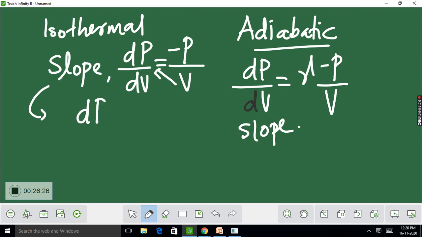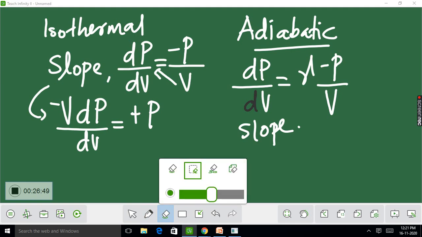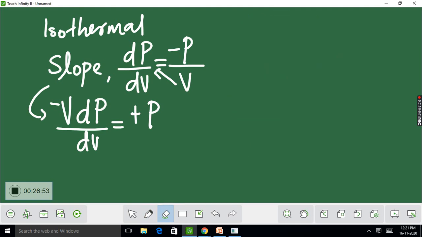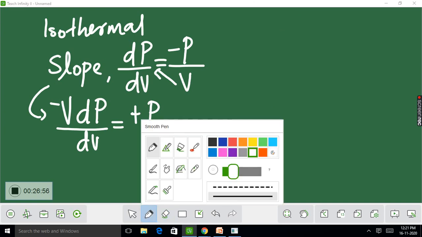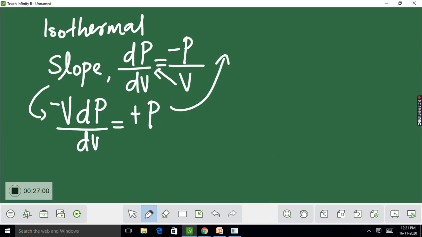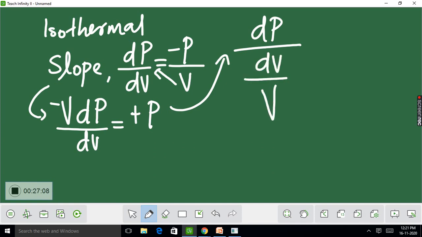Therefore, we get dP into V divided by dV equal to minus P. Rearranging again, minus dP divided by dV by V will be equal to P.